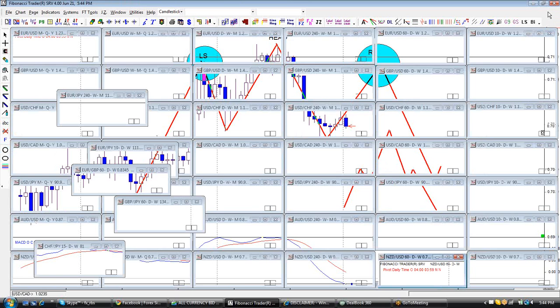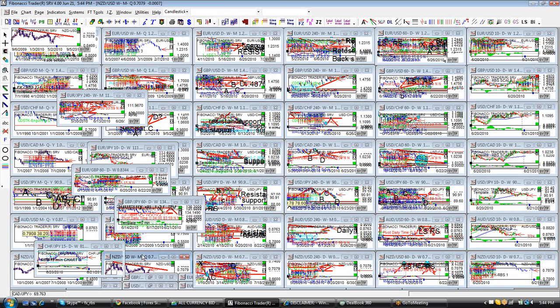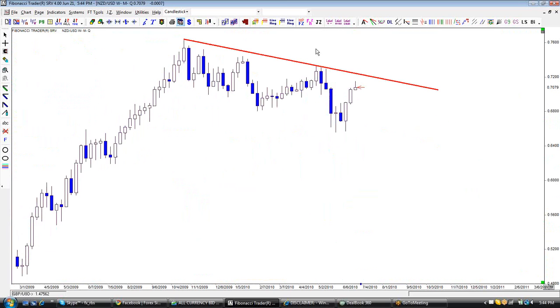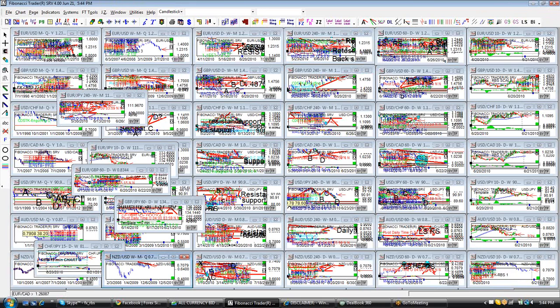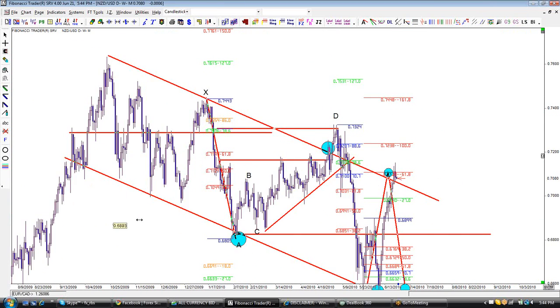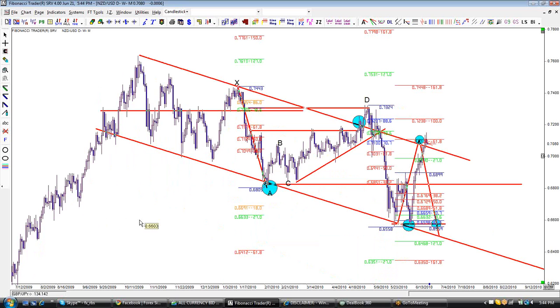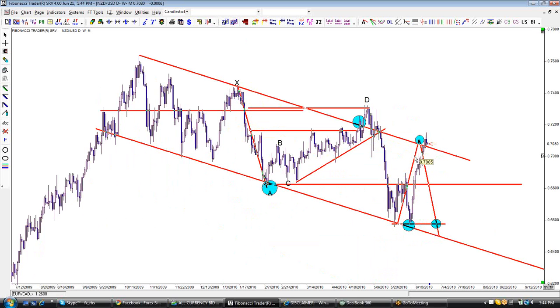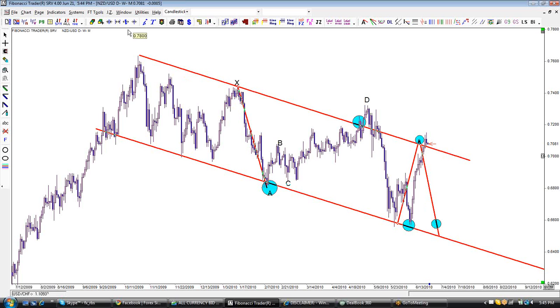Now, first, I will delete those flips so you don't get confused. But what we're looking at is a bearish channel.